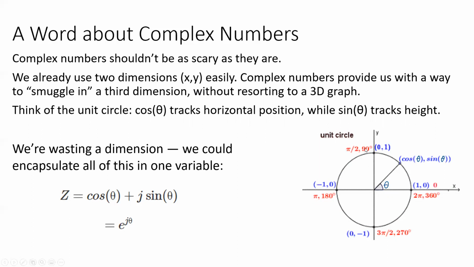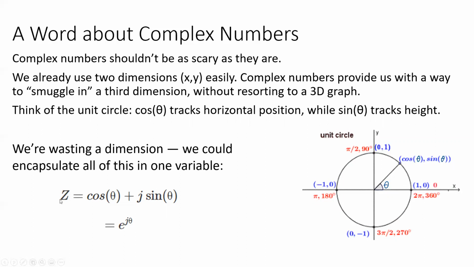So if you think about the unit circle, you have your x and your y, and then you have this increasing value of theta, right? You can get to any point on this x and y with some combination of cosine of theta and sine of theta. But it's wasteful to use x and y when both can be seen as a combination of theta.